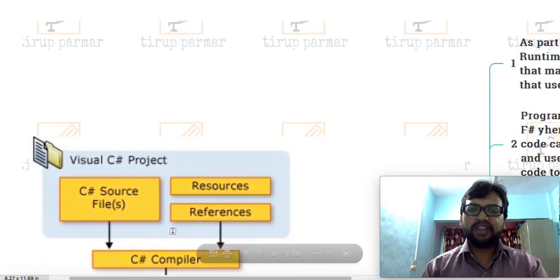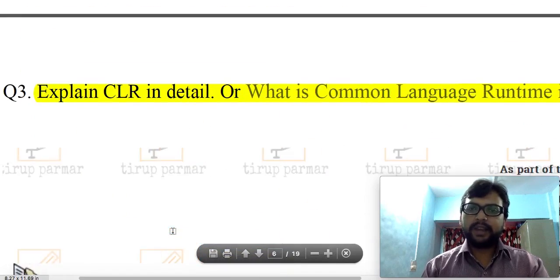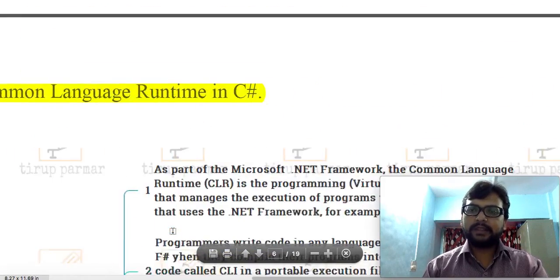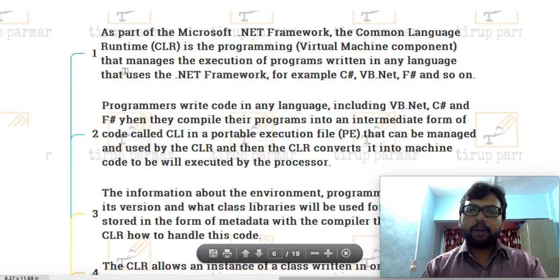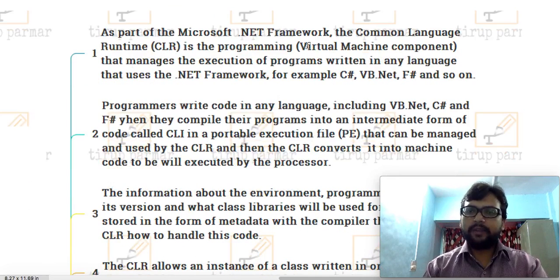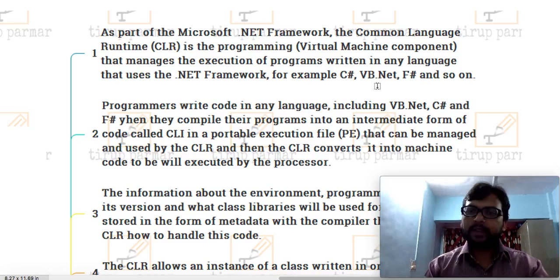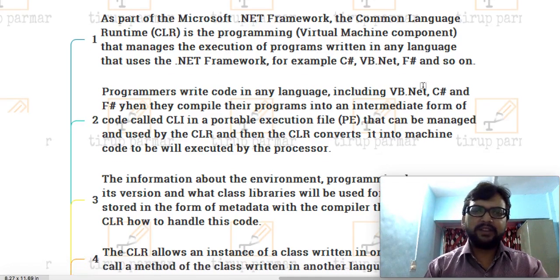So this is the C# project where we have to remember CLR, how CLR works. Let's discuss here. As a part of Microsoft .NET, what is the common language runtime? We have already defined it. It works exactly like virtual machines. It manages the execution of programs written in many different languages. It uses the .NET framework, for example, C# and many different languages.